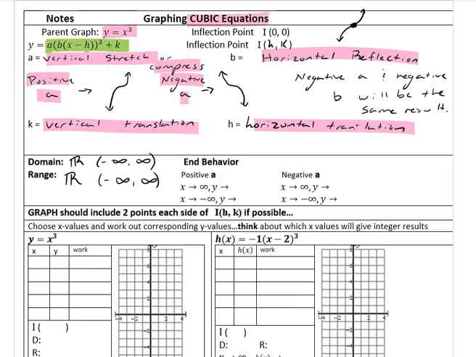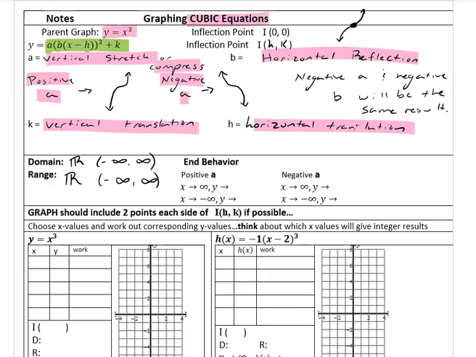End behavior now. End behavior is referring to what is happening at these ends here. So as x is going to the right and getting bigger, my y is going up. As x is going to the left and getting smaller, so negative x, my y is going down, so negative y.